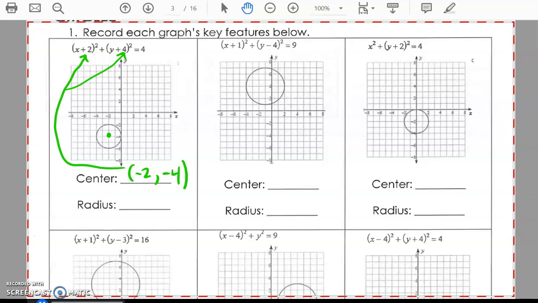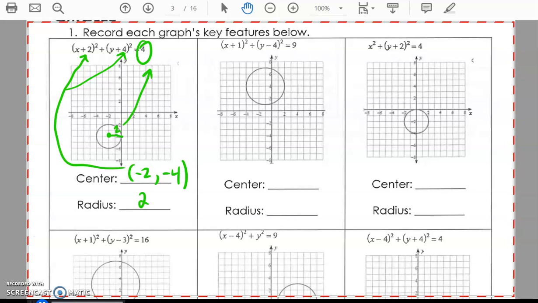And that pattern goes along with the number you're adding to the y. It's 4. Okay, well, it's the opposite of that value for the y coordinate as well. How long is our radius? Well, our radius is only 2. So does that mean that it's half of this number?